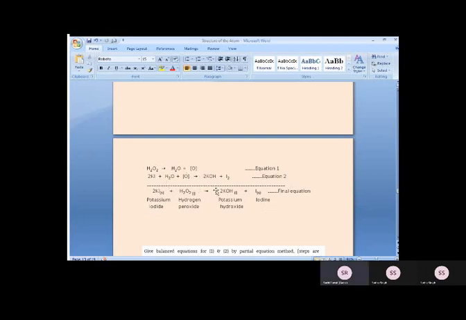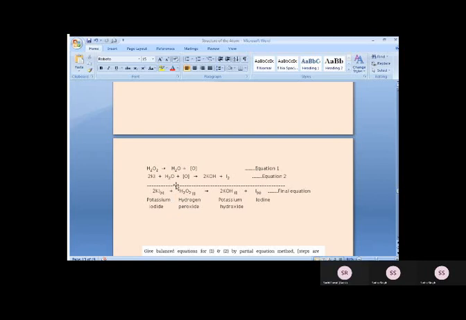Here you can see directly: how many terms on the left hand side? 1, 2, 3, 4 terms. And right hand side 1, 2, 3, 4 terms. The terms that will be cancelled out are the left hand side H2O and the right hand side H2O.